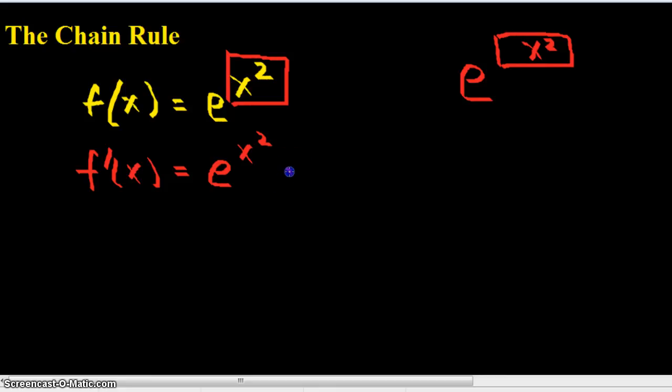And then not done yet. Chain rule, this chain reaction. So now I need to differentiate the box. What's inside the box? I will get 2x. And I simplify this a little bit. I'll get 2x e to the power of x squared.